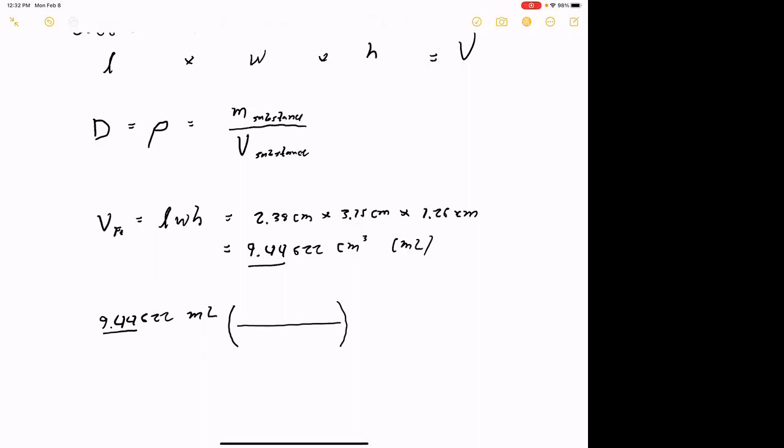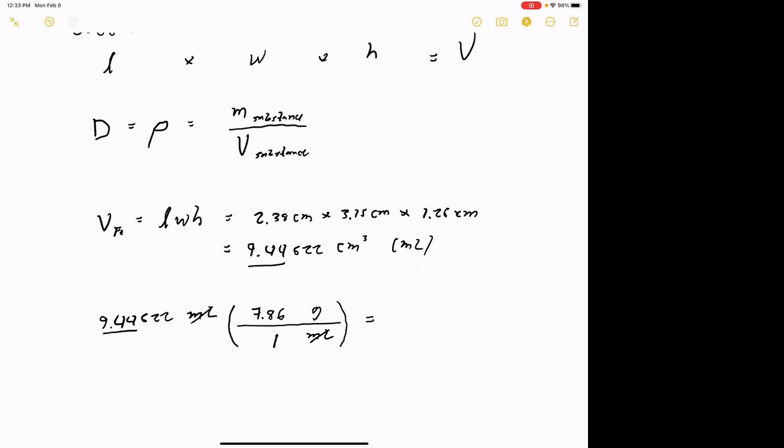So I know that I want milliliters in the bottom because I've got to get rid of it, and I want grams in the top because that's what I want to end up with as a mass. And that looks like the density directly, because we said that in 1 milliliter or cubic centimeter of iron, I've got a mass of 7.86 grams. And that's got 3 sig figs in it as well.